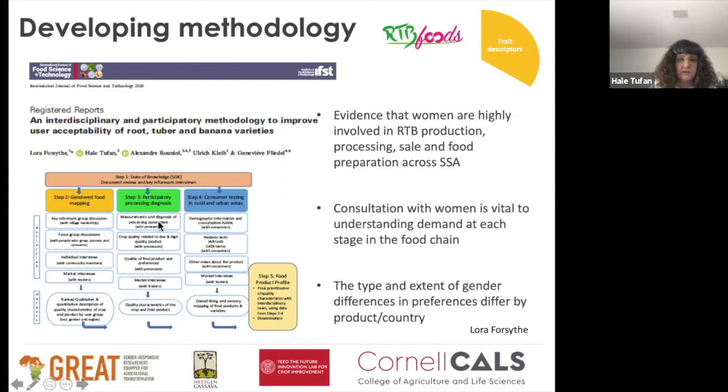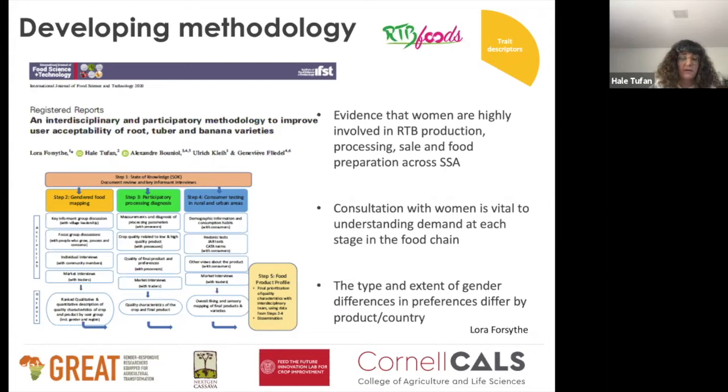This has recently been published if you want to look it up, but it's a multi-step interdisciplinary method and it's very participatory. So a lot of the work is happening with processors and consumers of these crops, and there are about 13 different food products across around 10 different countries. So if you look at the data emerging from that in terms of the gender analysis, it's kind of impossible to ignore the role of women across all of the RTB crops in terms of processing, selling, and food preparation.